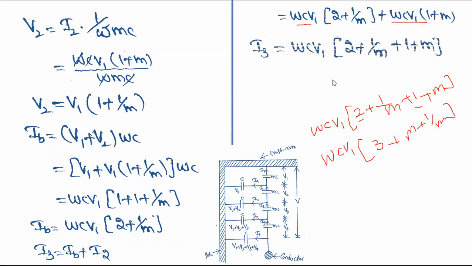You can check here, taking WC V1 as common, 2 plus 1 by M plus 1 plus M. Finally, we are getting I3 equal to WC V1 into 3 plus M plus 1 by M.